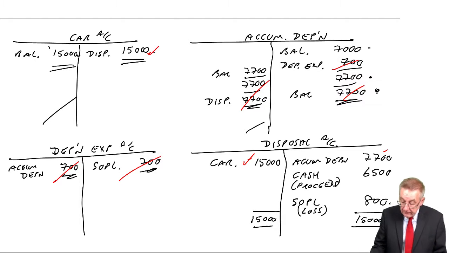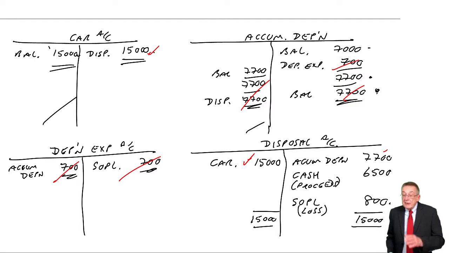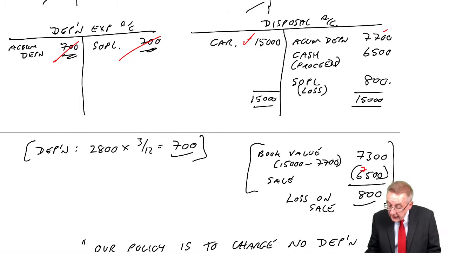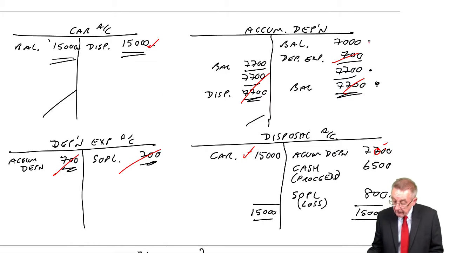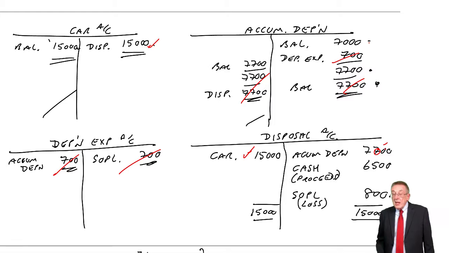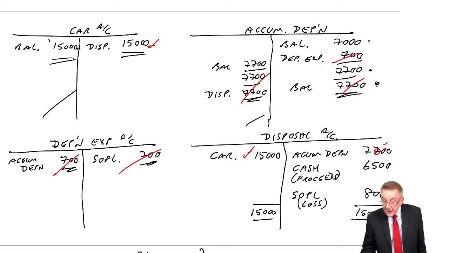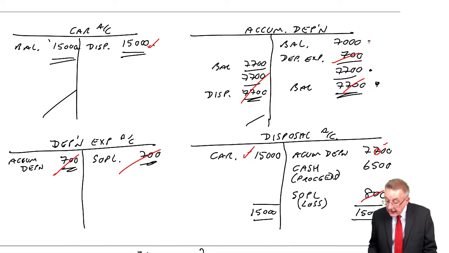Remove the cost, no problem. Remove the accumulated depreciation. But if we hadn't had that extra depreciation, the accumulated depreciation would only have been 7,000, not 7,700. Bring in the proceeds, 6.5. But the missing figure now would have been 13,500, 1,500.